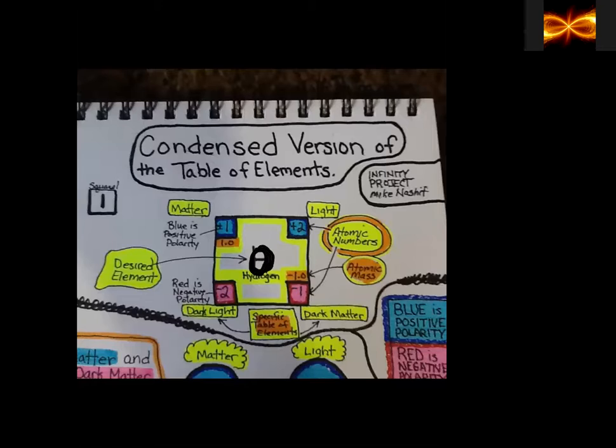So if it's 8, then we're going to put 8 here, and that means that on the opposite side, it's -8. For light, it's always +1, so we're going to go 8 plus 1. That would make it 9. And the dark light version would make it -9.